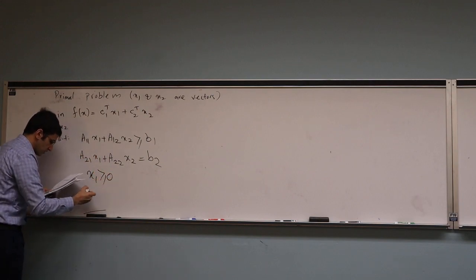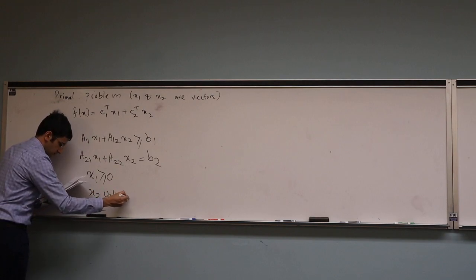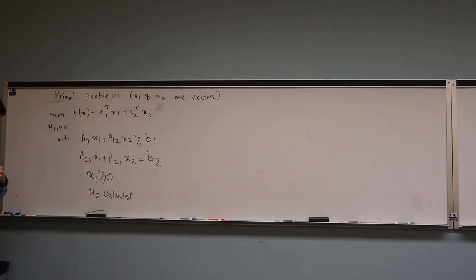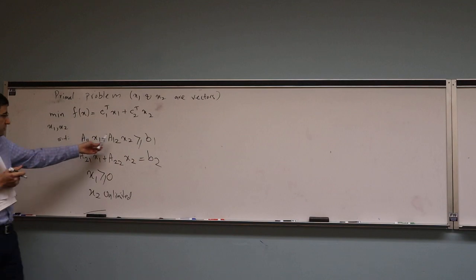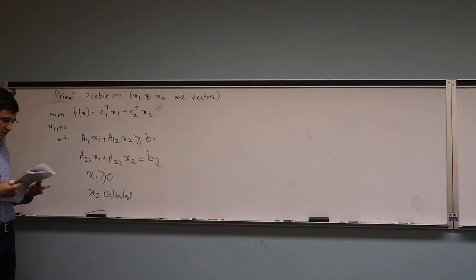X1s are all positive and X2s are unlimited. So using the rules, we can identify that for this one I need some limited variables in the dual problem. For this I need some unlimited variables in the dual problem. For this I need a set of inequality constraints in the dual problem, and for this unlimited variable I need some equality constraints.